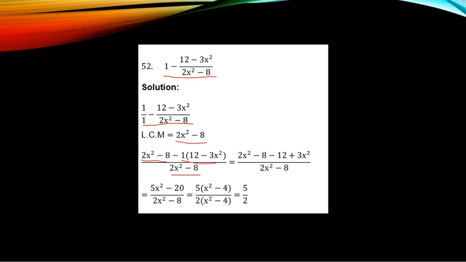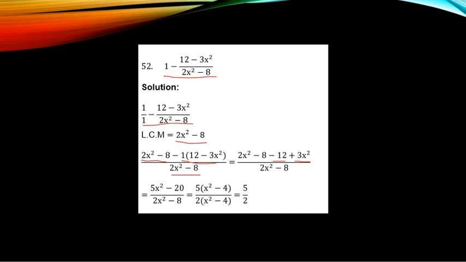If you open the bracket, you have 2s squared minus 8 minus 1 times 12, that is minus 12, minus 1 times minus 3s squared, you have plus 3s squared. So let's add and subtract. 2s squared plus 3s squared, you have 5s squared, minus 8 minus 12 is minus 20.